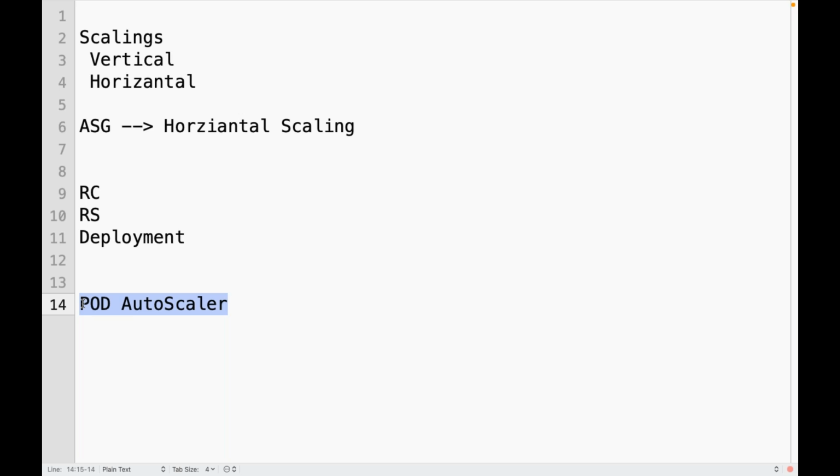Within the given nodes, what can this pod autoscaler scale? Can the pod autoscaler increase and decrease the nodes, the servers in your cluster? No. So what can we scale? Is Kubernetes managing your infrastructure, or is Kubernetes managing the pods in the given infrastructure?